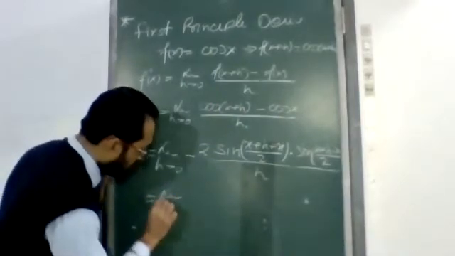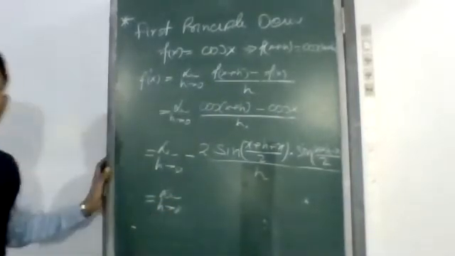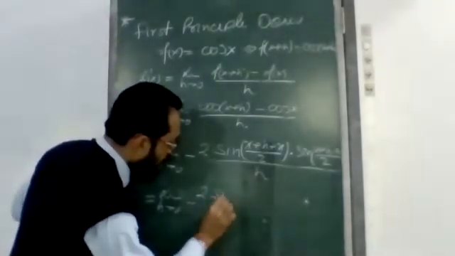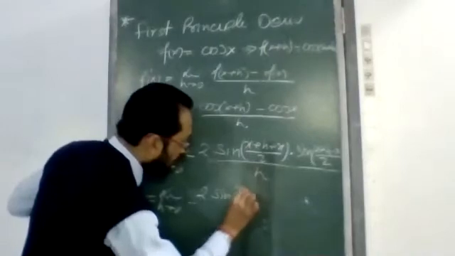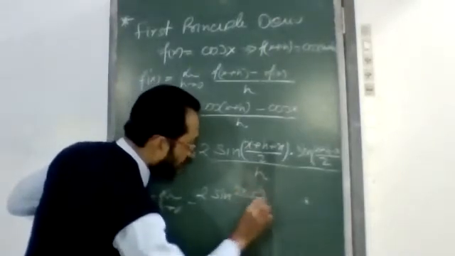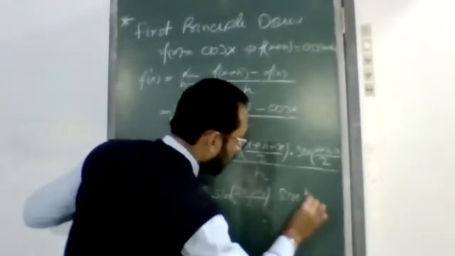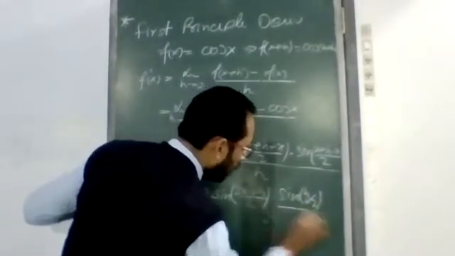So limit of h tends to 0, minus 2 sine((2x plus h) upon 2) into sine(h upon 2), whole upon h.